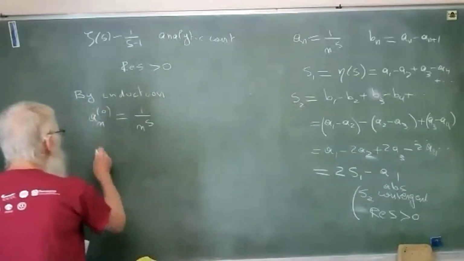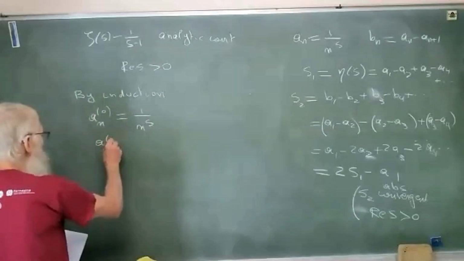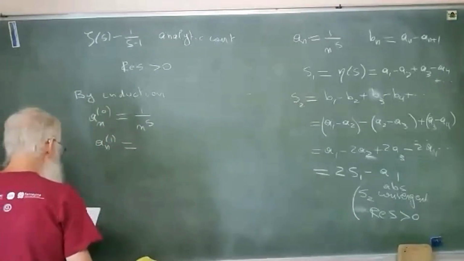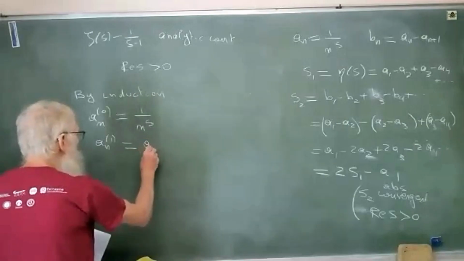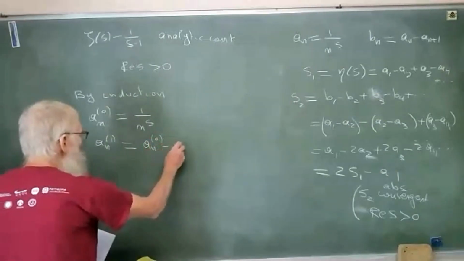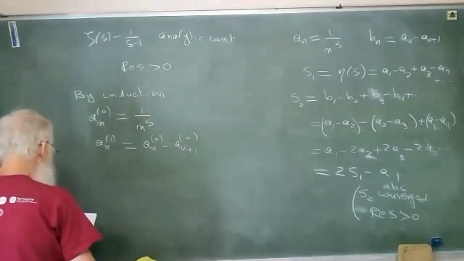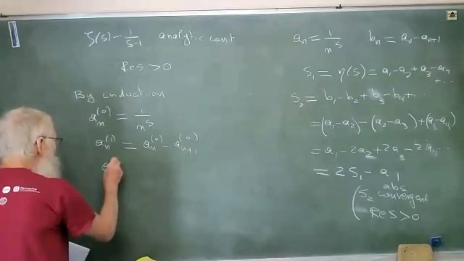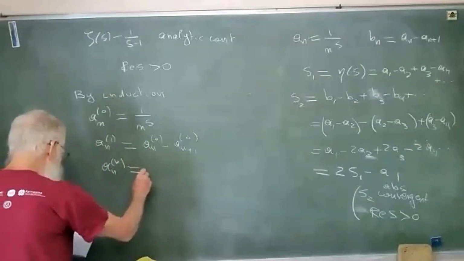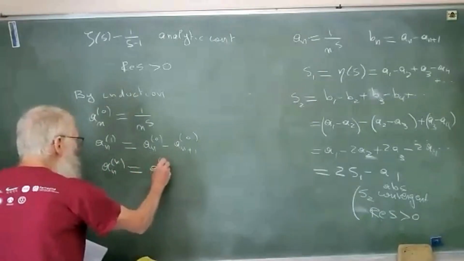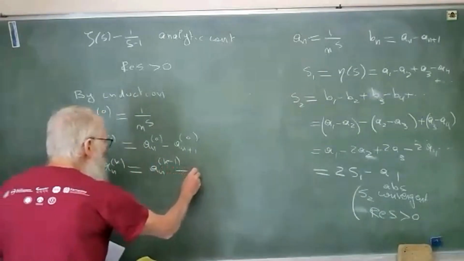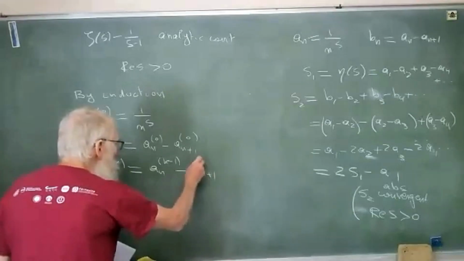The Bn will be an1. an1 will be an0 minus an plus 1, 0. And in general, we will define ank equal ank minus 1 minus an plus 1 k minus 1.